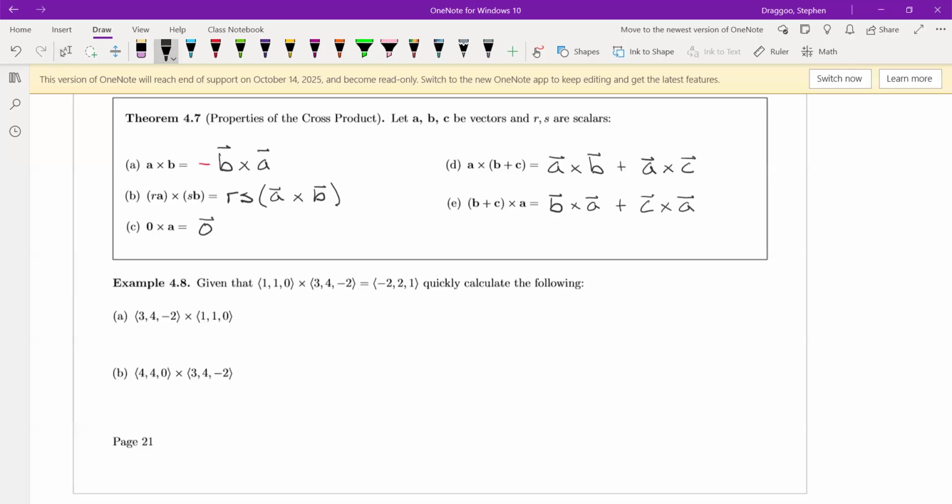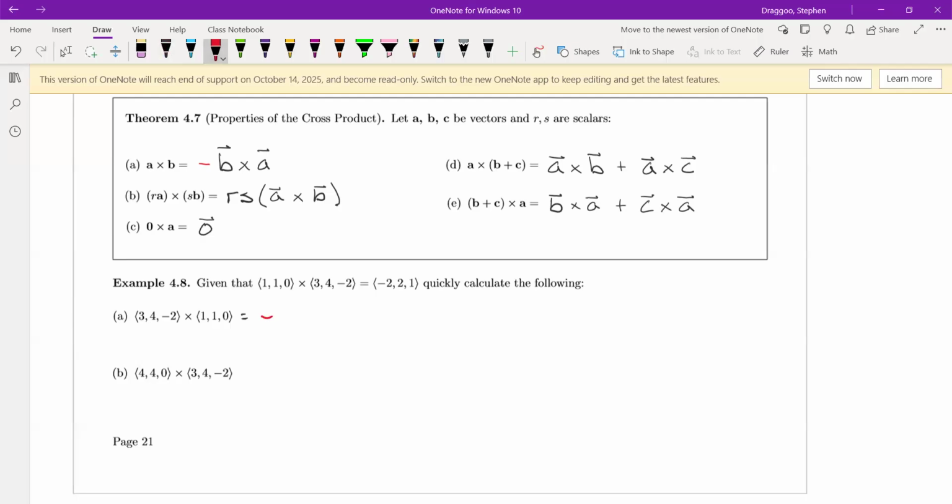If we put this stuff into action, say that we already know our cross product, it's -2, 2, 1. And I want to calculate part A, 3, 4, -2 cross 1, 1, 0. I would just notice that I swapped the order of my two vectors.